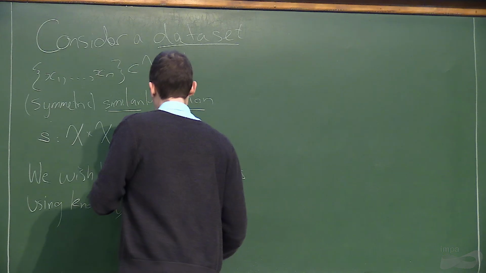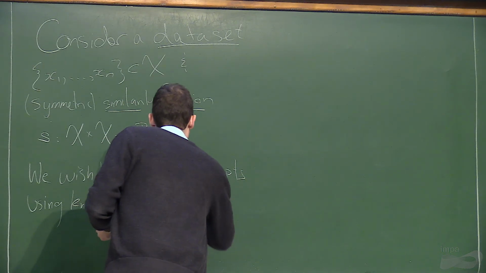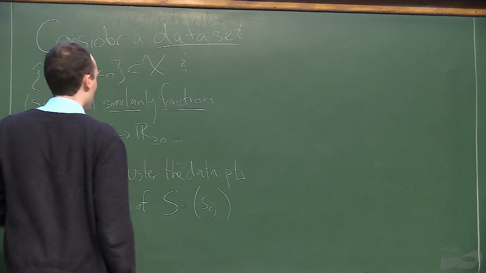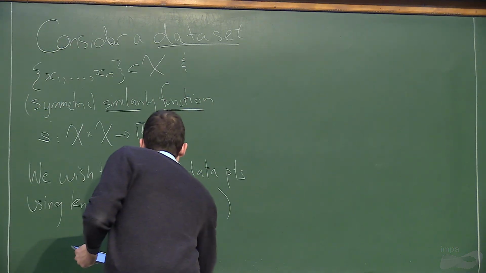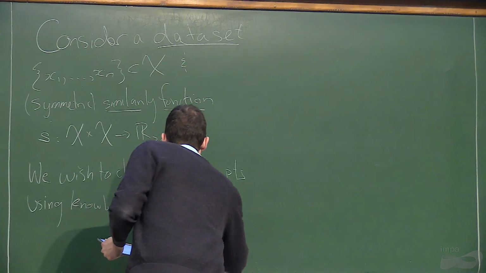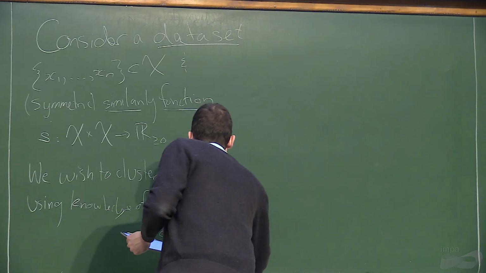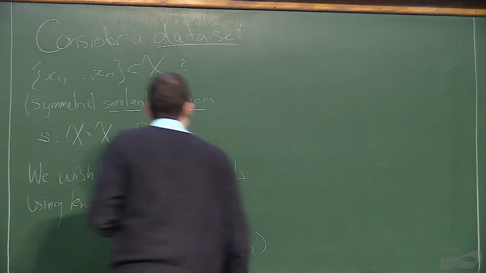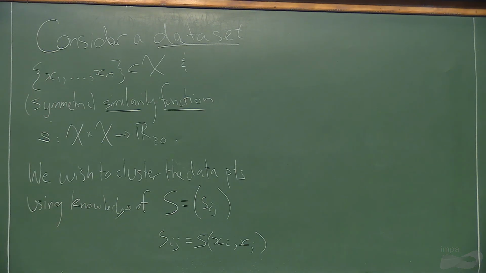And let's write this just as S_ij, and S_ij is just this similarity function s evaluated at the corresponding data points x_i, x_j. Right.